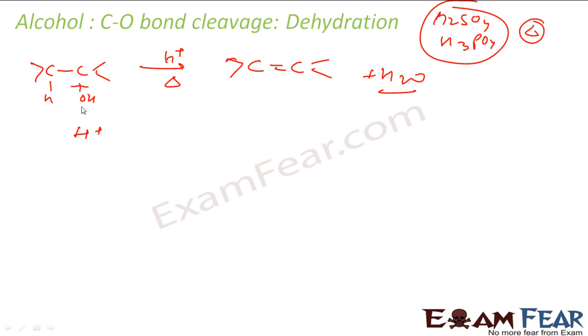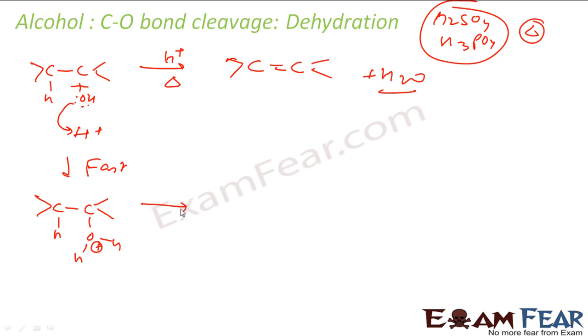H plus, oxygen has this lone pair, it attacks the H plus. So what happens here is, carbon has OH2 with the positive charge on oxygen. Why? Because oxygen has given electrons, so oxygen gets a positive charge. This is fast. Now OH2 has to leave, right?